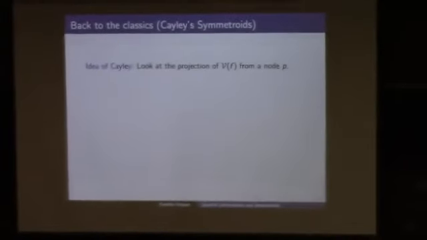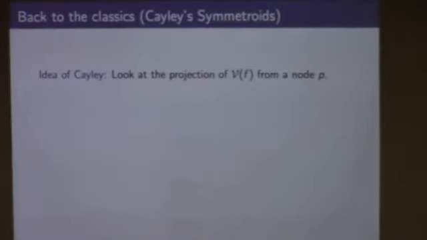And in order to do that, we looked at some of the classical literature on these types of polynomials. I said Cayley had this long series of memoirs on these surfaces. And one of the main tools that he used to study them was by picking one of these many nodes that we have and looking at the projection of the surface from the node.